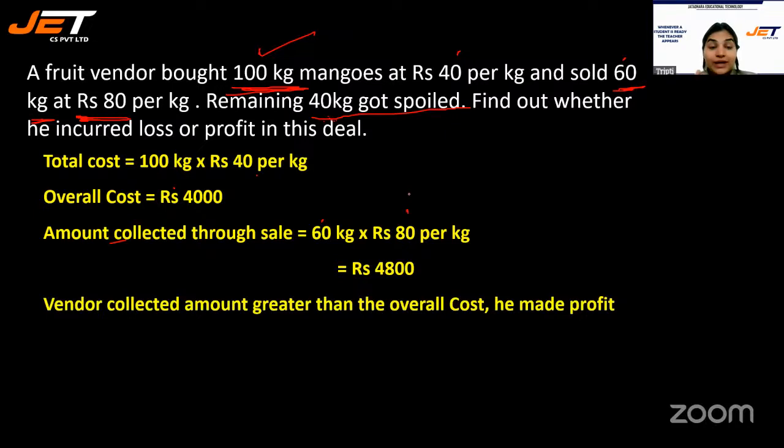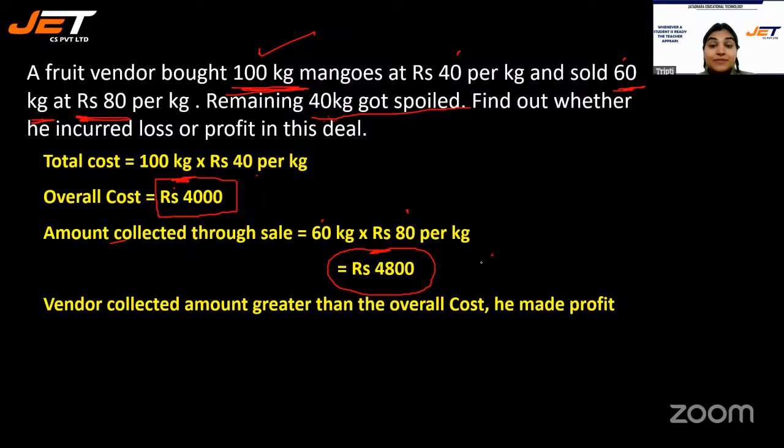Now, vendor collected the amount. If you see here, even though he sold 60 kgs, not 100 kgs, he collected 4,800. But when he purchased 100 kgs, he spent 4,000.